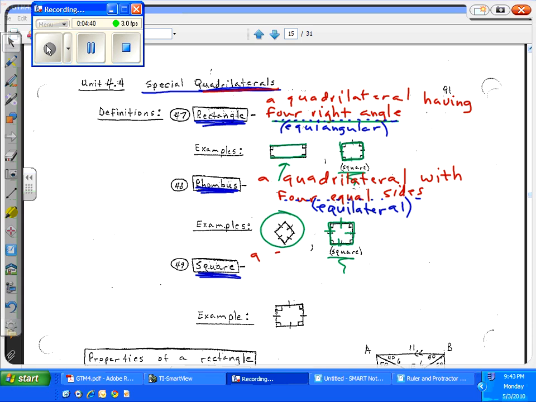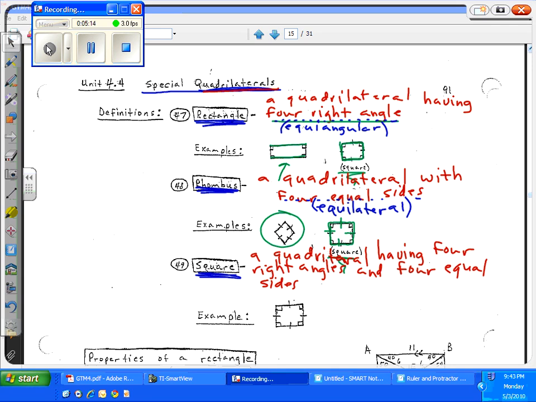A square is a quadrilateral having 4 right angles, the definition of a rectangle, and 4 equal sides, the definition of a rhombus.